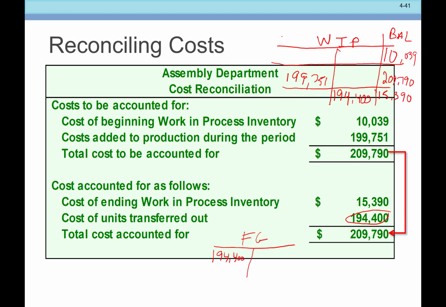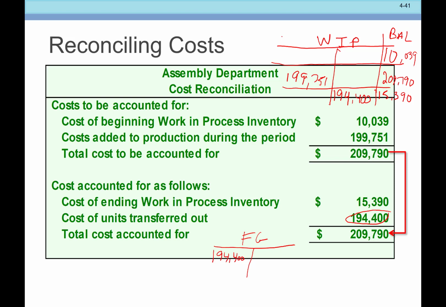We assigned, you saw from the previous slide, 15,390 to the ending inventory and 194,400 to the costs that were transferred out. Didn't we do that? Now these are nice little check figures to make sure that your journal entries haven't gone crazy on you, that they haven't made some mistake somewhere, right? Journal entries don't go crazy. You do. We do, right? We would want to do a sanity check there.